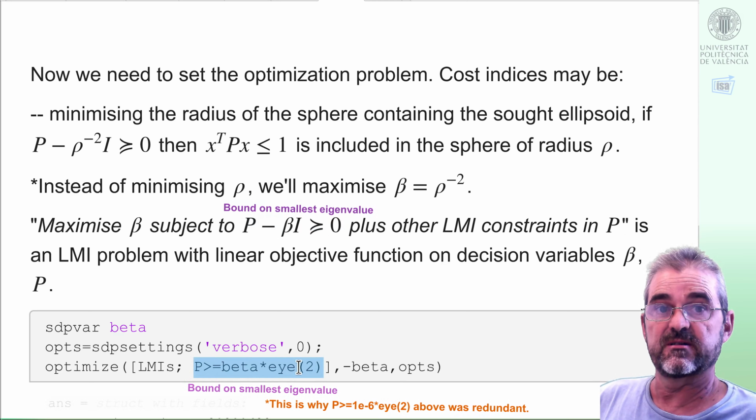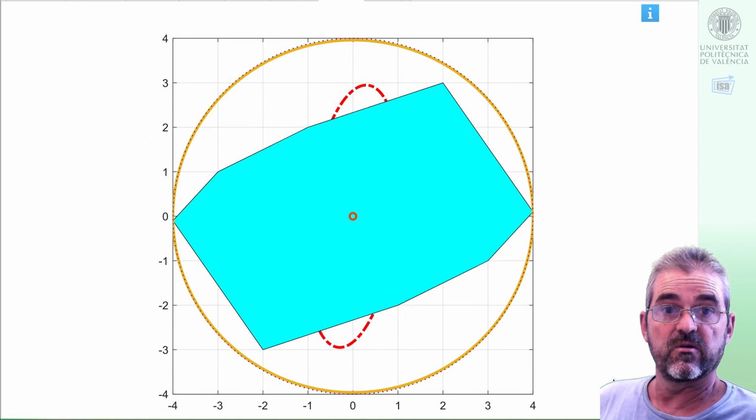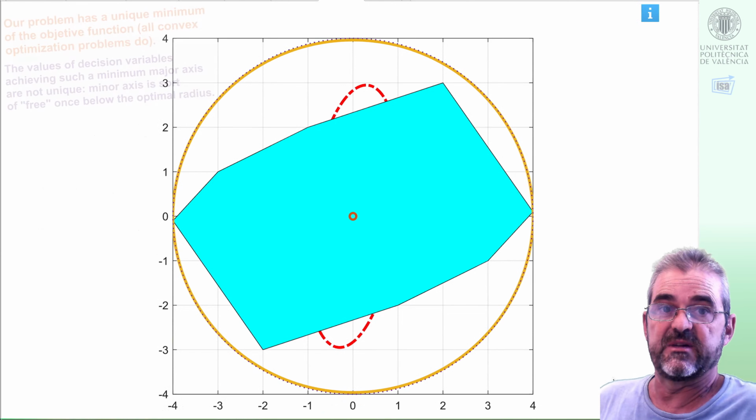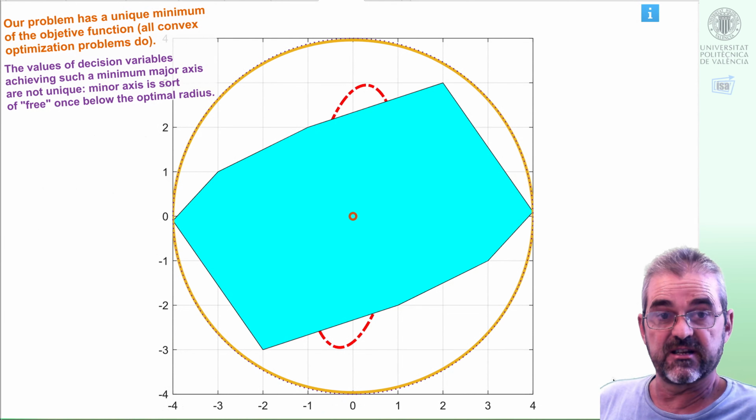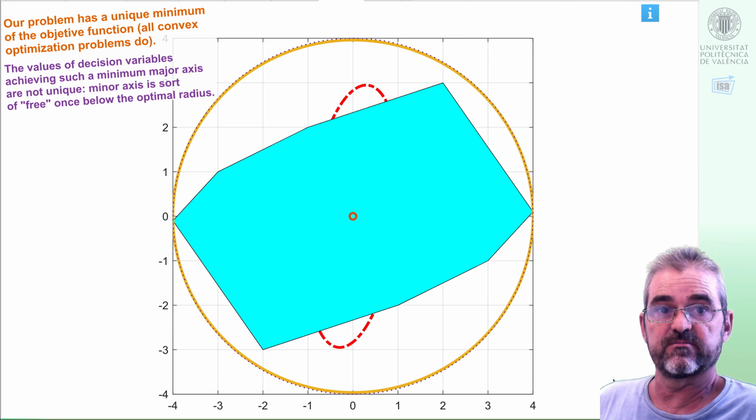And we must maximize the minimum eigenvalue. At the end, we obtain sort of a circle. I mean, the problem has not a single solution because the shorter axis of the ellipse can be anything up to being equal to the largest one, of course.